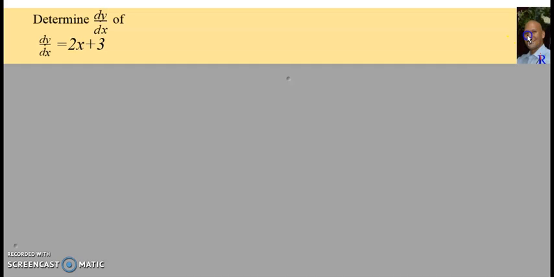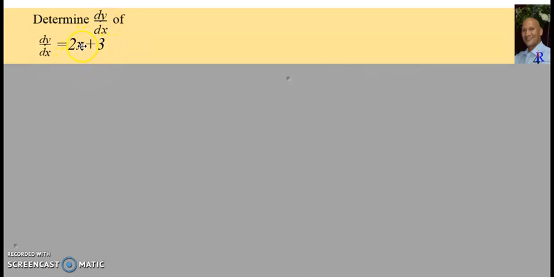In our example, they ask us to determine dy over dx of y is equal to 2x plus 3. My function is given. It says I must differentiate. Notice that the writing is different, but it still means differentiate y with respect to x.